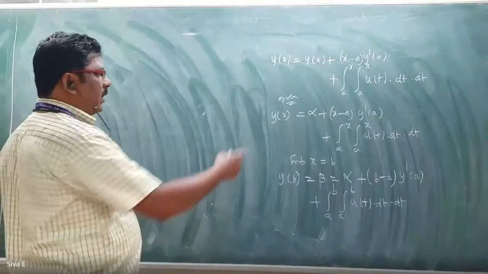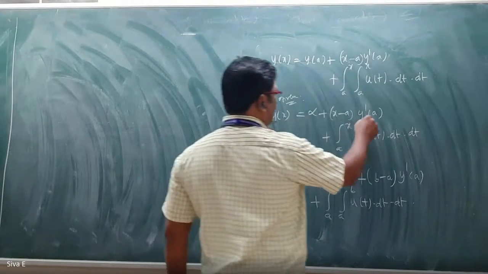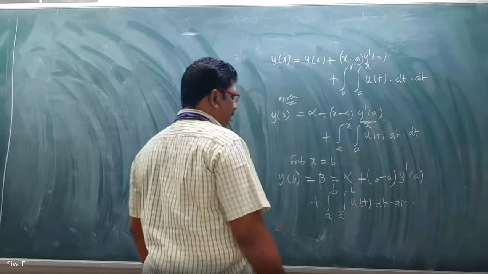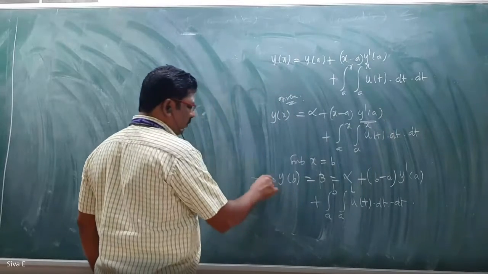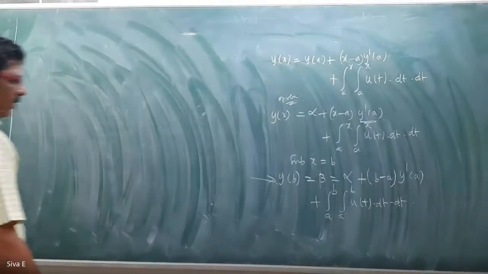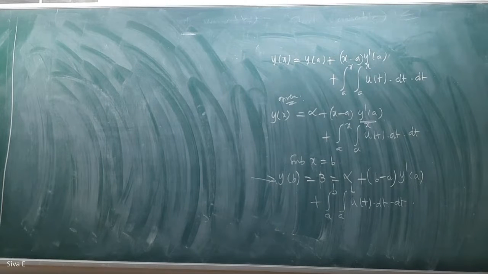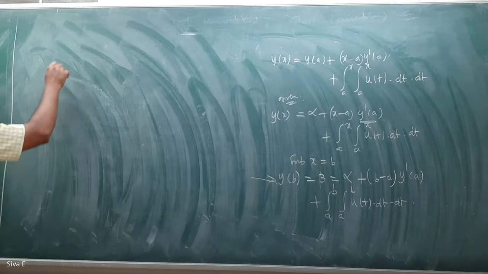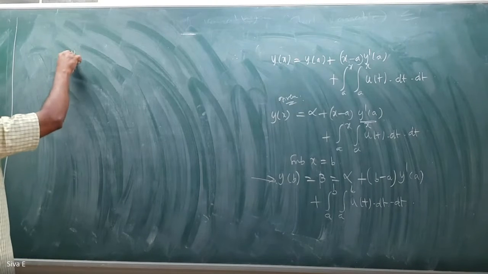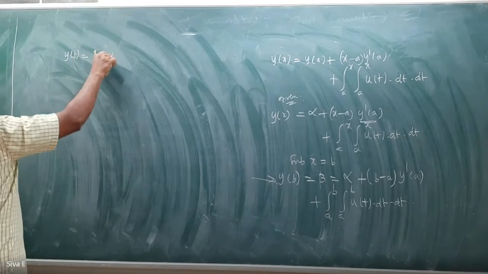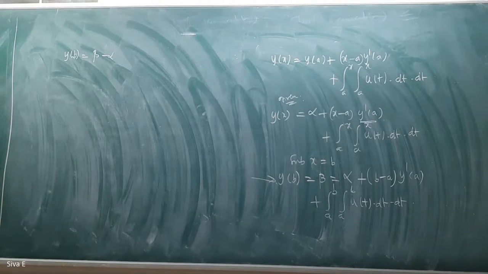We can find that unknown constant y dash of a here by using this formula. That is beta minus alpha, y of b, otherwise beta minus alpha. So finally, how can we get that?